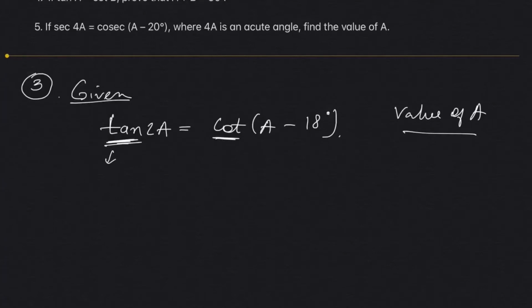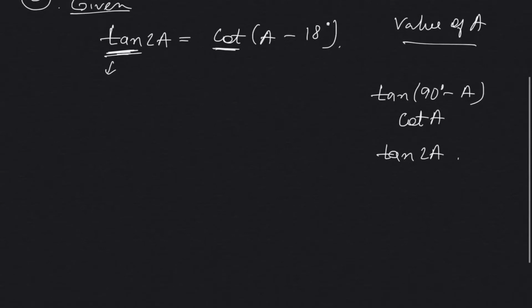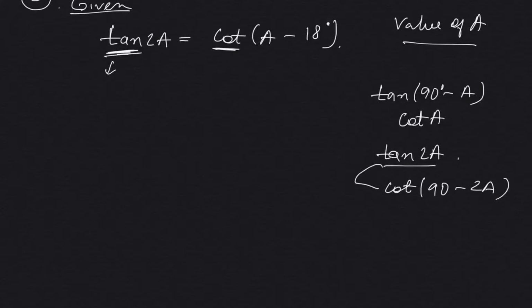Our formula is tan (90 minus a) equals cot a, right? So how do we make tan 2a into cot? We write tan 2a as cot (90 minus 2a), correct? Tan 2a can be written as cot (90 minus 2a), right?